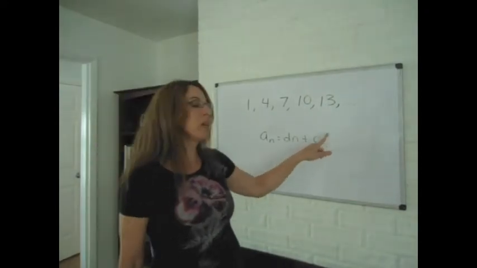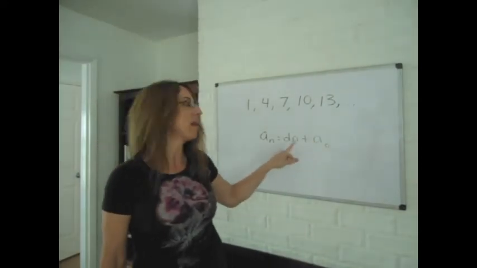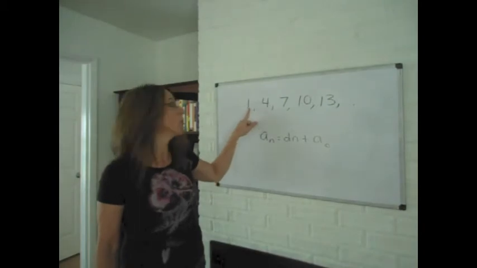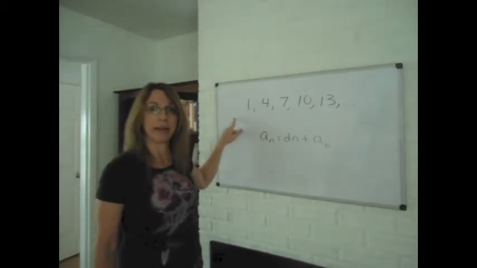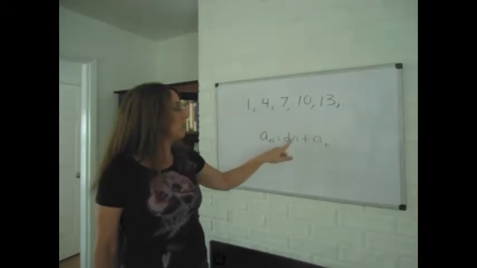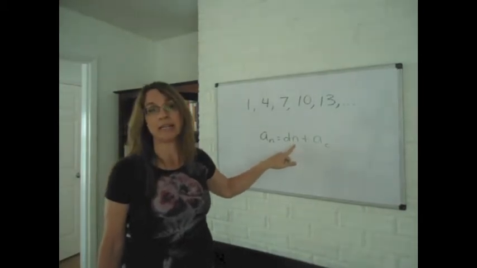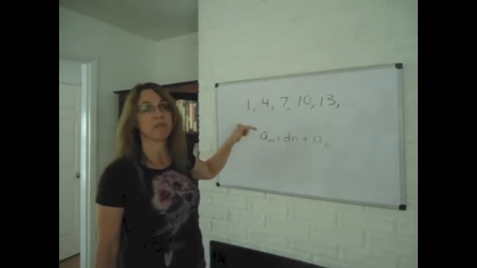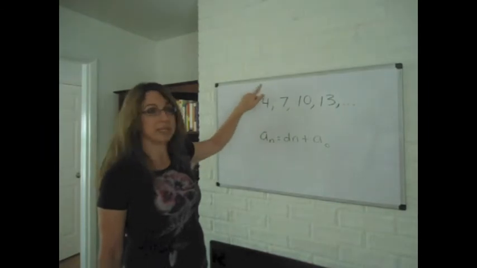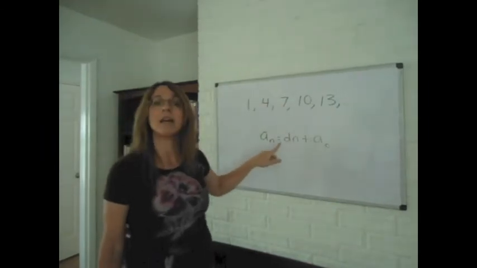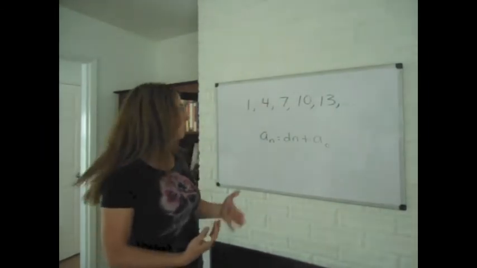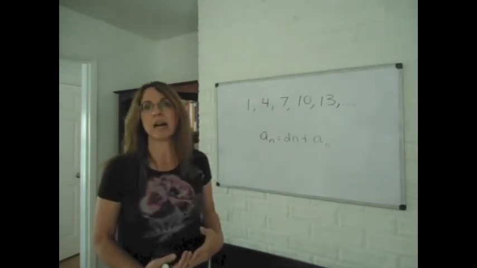We can also be familiar with a sub 0 because if this is a sub 1, then the one before it, which we don't see right now, is a sub 0. We also know that n stands for the term number. For instance, this is my first term, that's my second term, that's my third term. The only new thing today is d, which stands for the common difference.